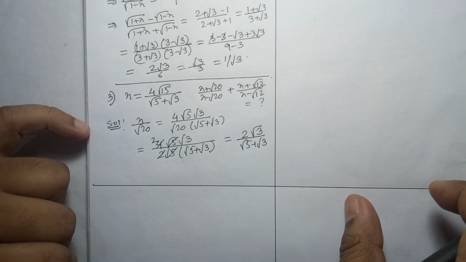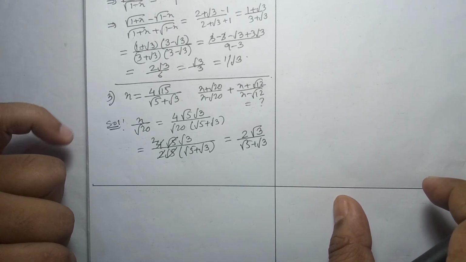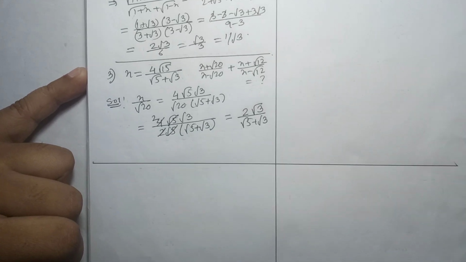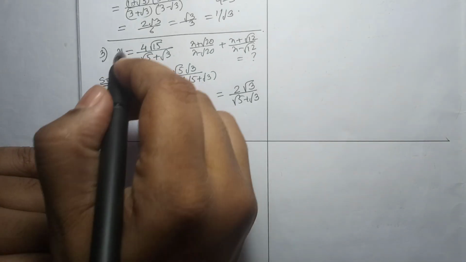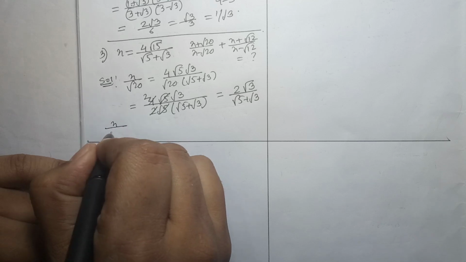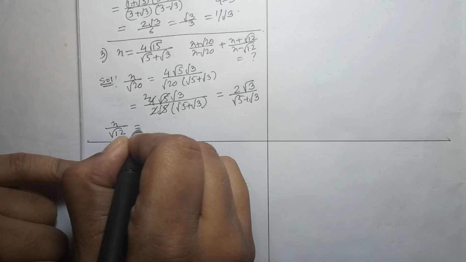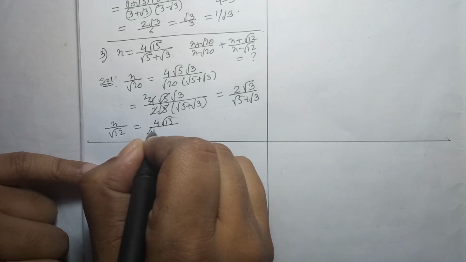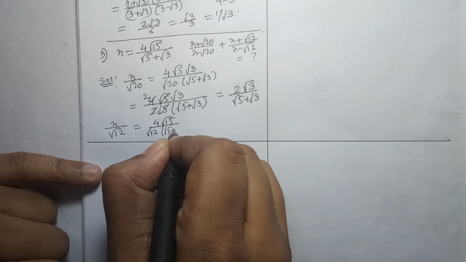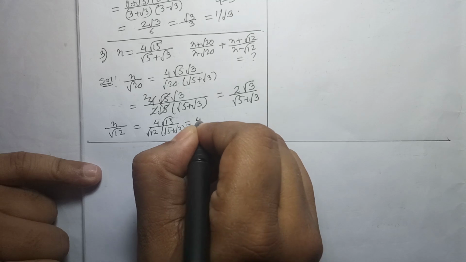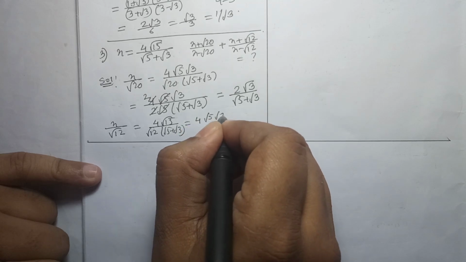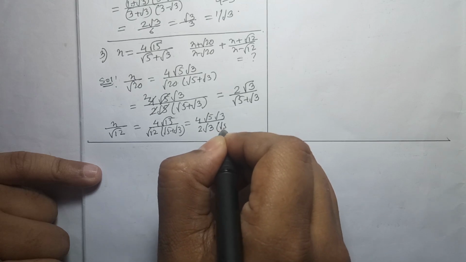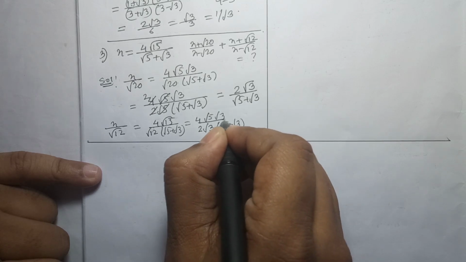Okay. Now x by root 12, how much we get? X by root 12, it is 4 root 15 by root 12 root 5 plus root 3. This is 4 into root 5 into root 3 by 2 root 3 into root 5 plus root 3.